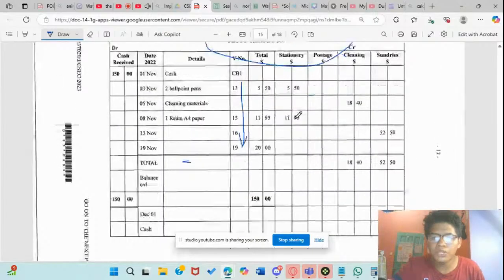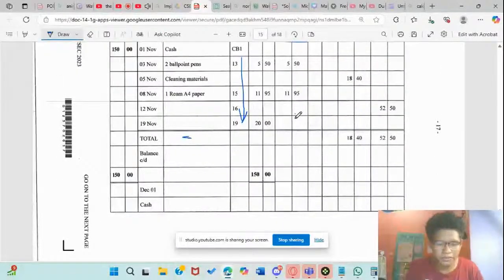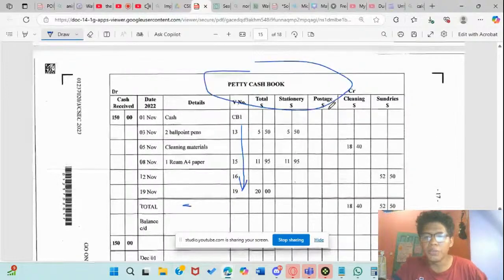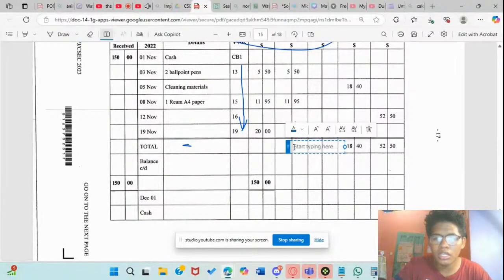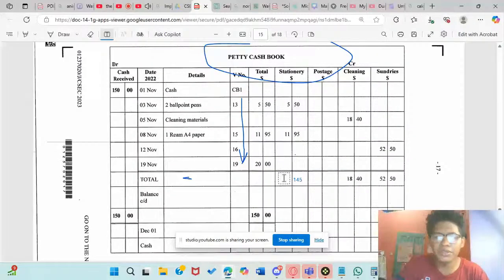So anyways, this is 50, 95. 50 plus the 95, that will be 145. So 145, and that is 16. 95 plus the 50, that is 145.